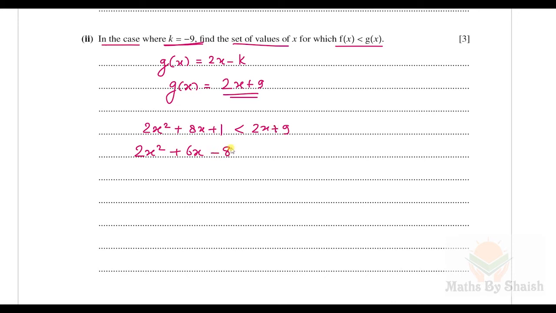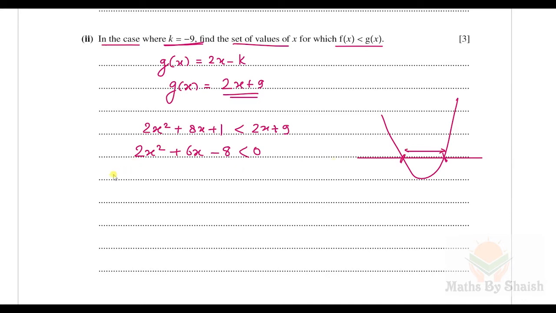So now we have a quadratic inequality, and we know the graph will look like this because the x squared coefficient is 2, that is positive, and we need to find the roots of this quadratic equation. Once we get these two values, we know that we are going to take the part which is below the x-axis, so we'll take the x values in this range. So let's solve it.